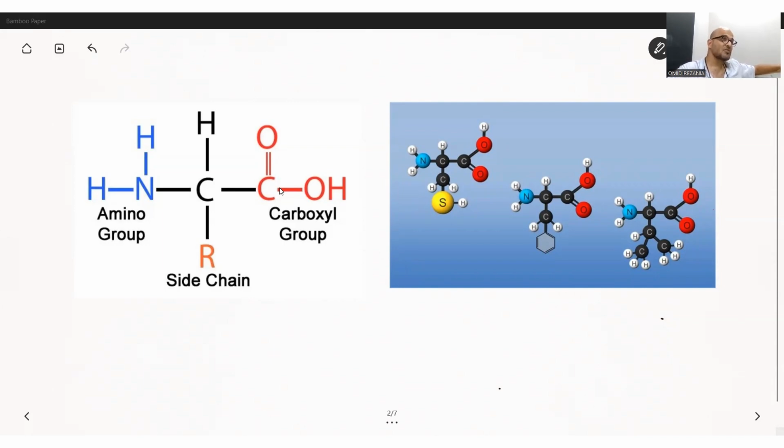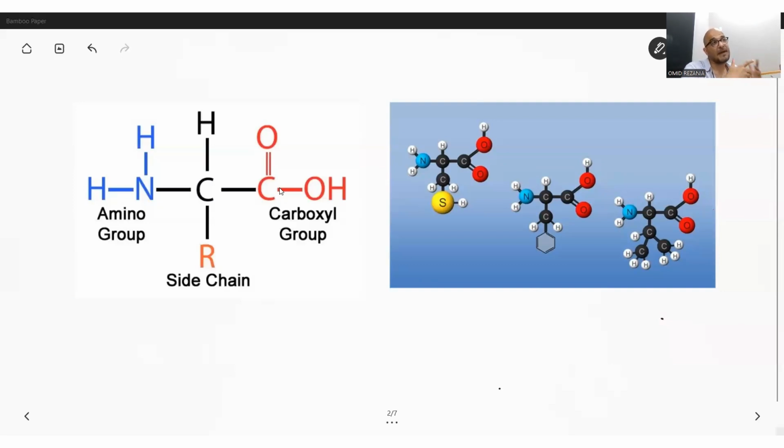Because remember, sometimes the functional groups, you remember last week we talked about functional groups, for example the carboxylic acid group, alcohol groups, or amide groups. We said that the significance of these groups is that they orchestrate the reactivity.